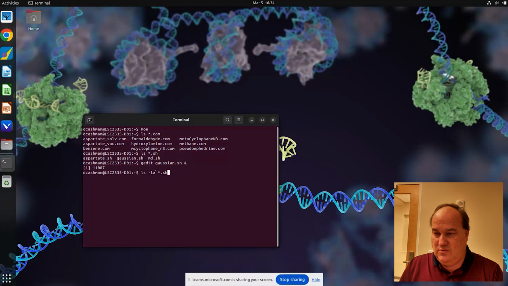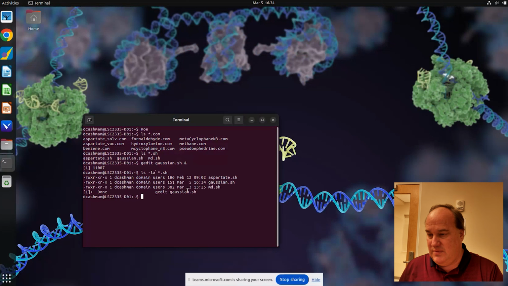Now if you're scripting, you need to confirm that my script, so my Gaussian script, is executable, right? If it was not, I would type chmod 755 Gaussian.sh, and that would make it executable.